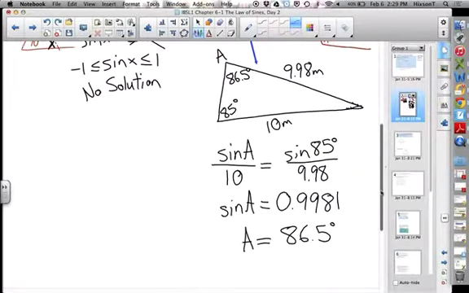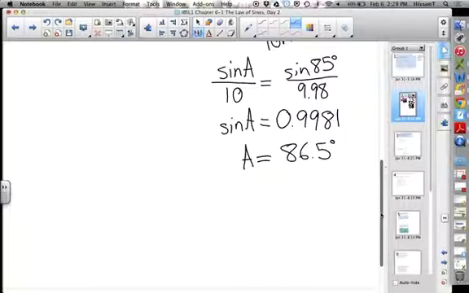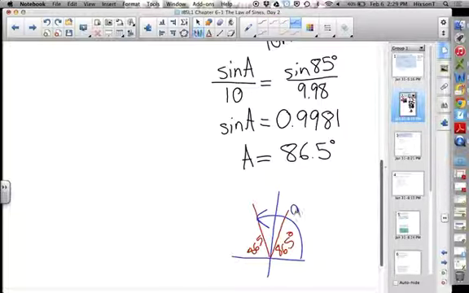So think reference angle. Here's 86.5, or 93.5. Yeah, that's going to be our other angle. So that's our other possibility.